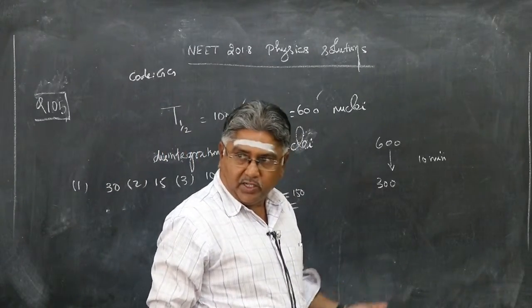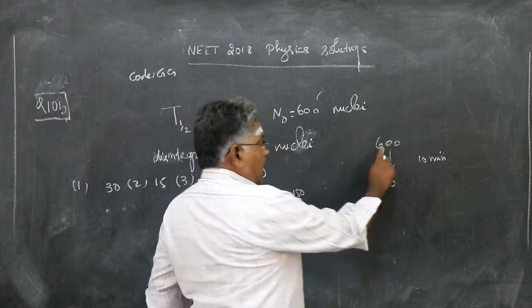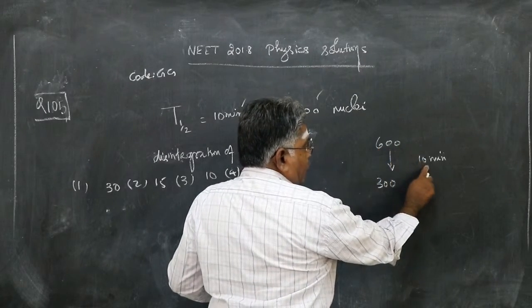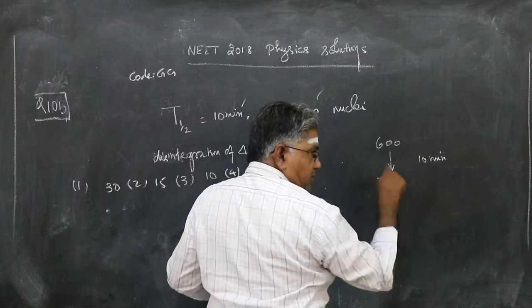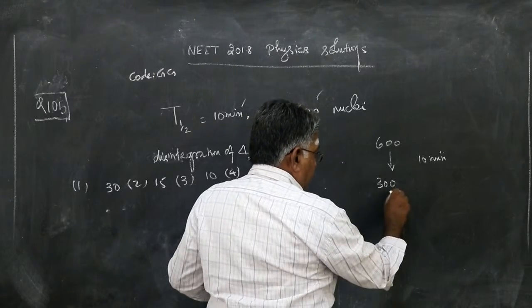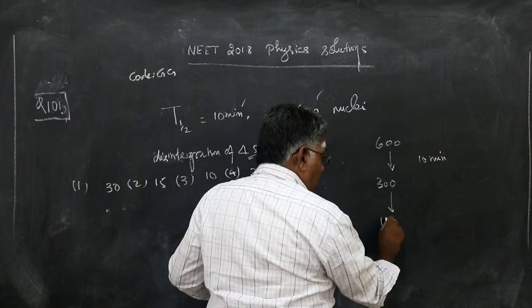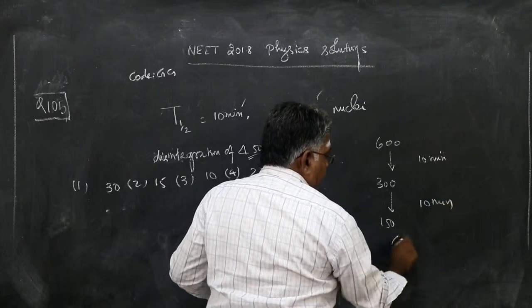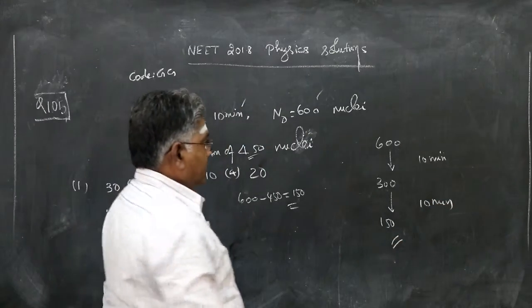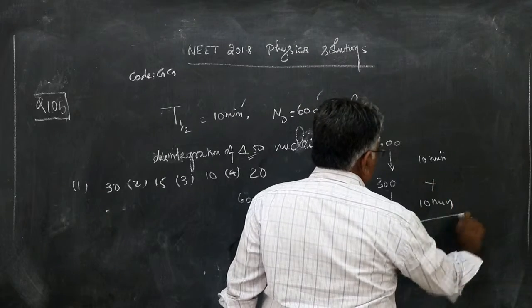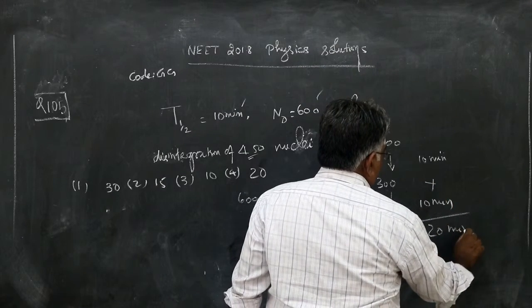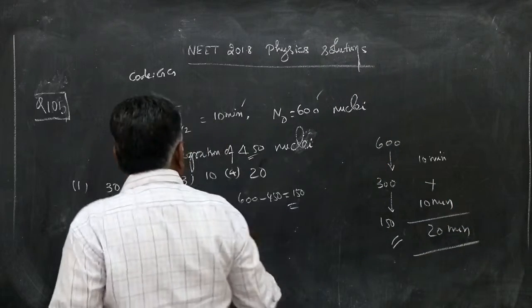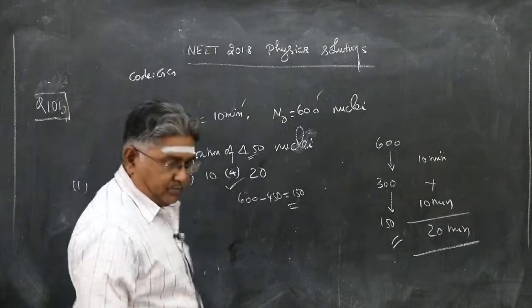In one half-life period, half of 600 goes, 300 remains. Then in another 10 minutes, one half goes and the number becomes 150. So the total time taken is 20 minutes. The answer is option 4.